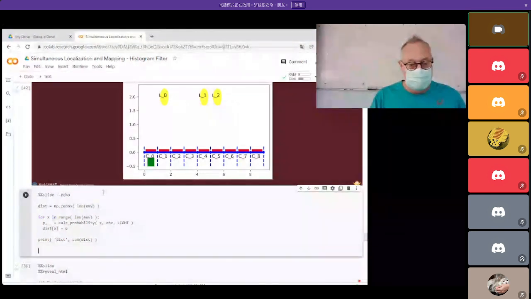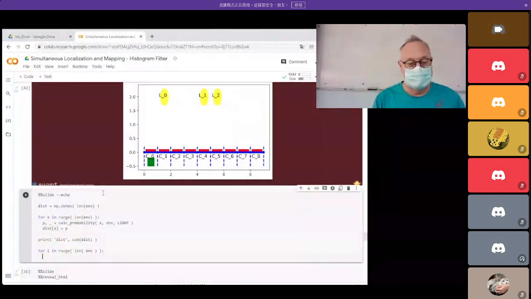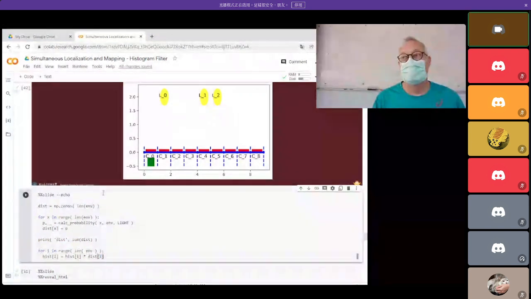So now to update the histogram, I need to multiply those together.